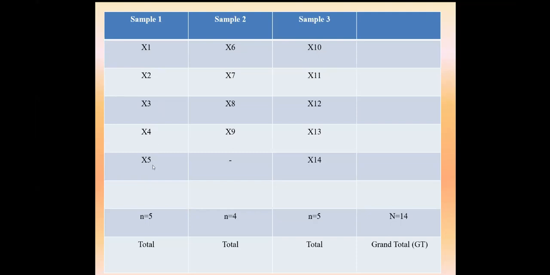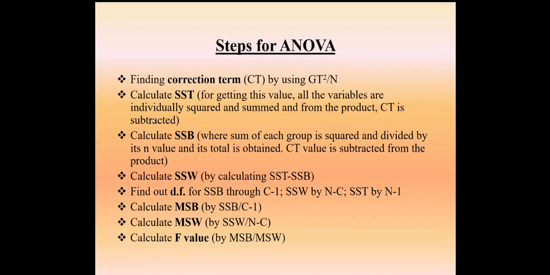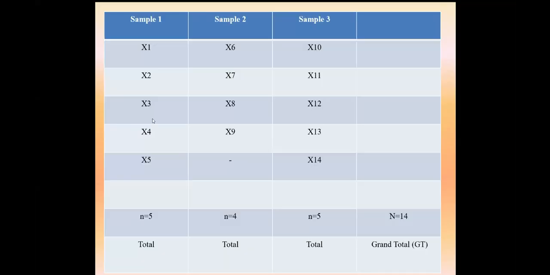You can say 5 individuals have been observed, or 5 different types of experimental results are there. So in such case, its total will be taken, and number of cases observed in sample 1 are 5. So n is equal to 5, and then the sample's total could be there.